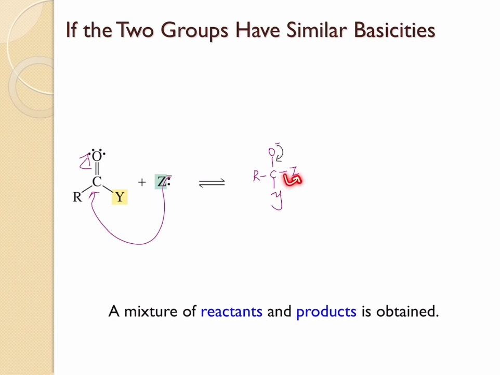So the Z can leave and the Y can also leave, and because of which you can get two different products. One is the product and the other one is the reactant itself. So you will get a mixture of the reactants and the products.